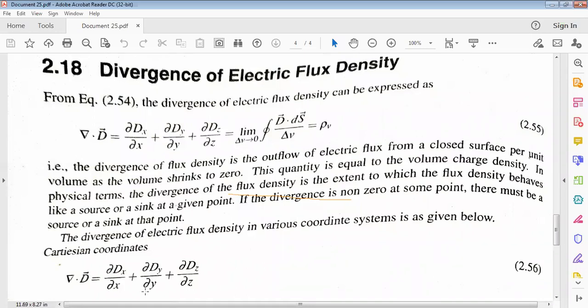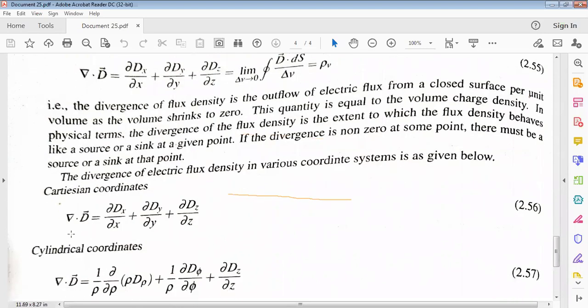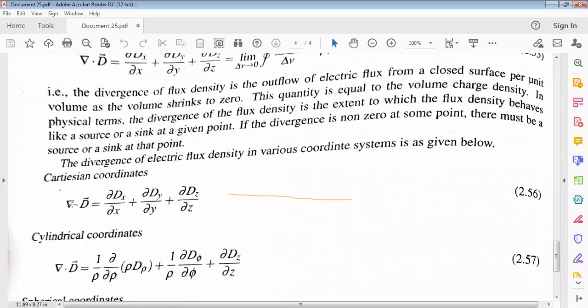In physical terms, the divergence of the flux density is the extent to which the flux density behaves as a source or sink at a given point. If the divergence is non-zero at some point, there must be a source or sink at that point. The divergence in various coordinate systems: in Cartesian, del dot D equals dou Dx by dou x plus dou Dy by dou y plus dou Dz by dou z.